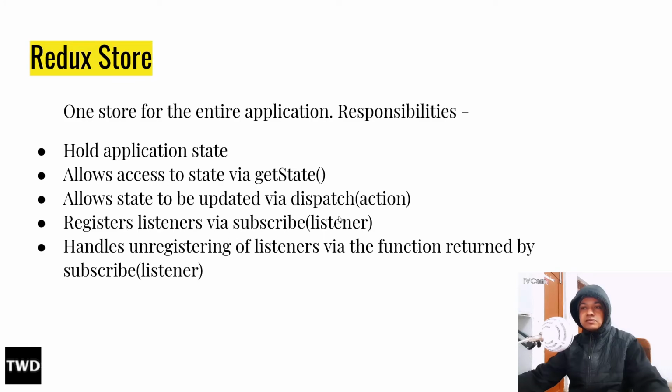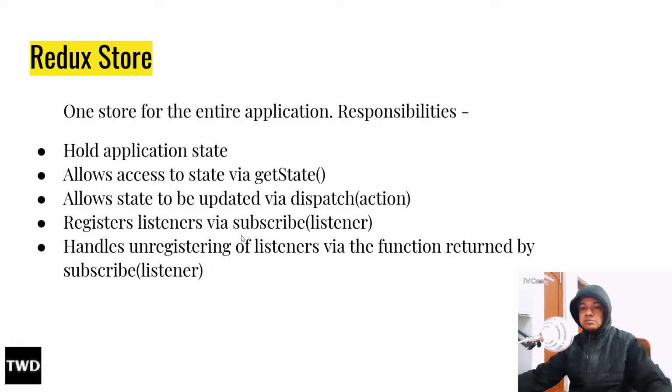Register listeners via subscribe. As we've seen in that diagram, that subscriber is there. Handle unregistering of listeners by the function returned by subscribe. Okay, so it does a lot of things. It allows access to the state, it allows it to be updated by the dispatch action, and it allows the application to subscribe to it.